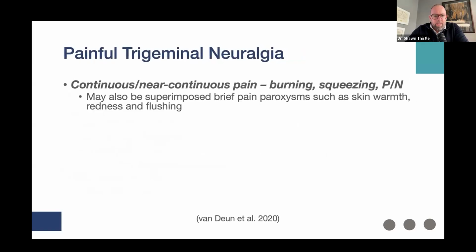For painful trigeminal neuralgia, this is where they have paroxysmal attacks of pain in this branch, or both, or in their forehead as well in some cases. And then they have pain in between that can be described as burning, like a typical neuropathic pain symptom, or a squeezing feeling in their face.